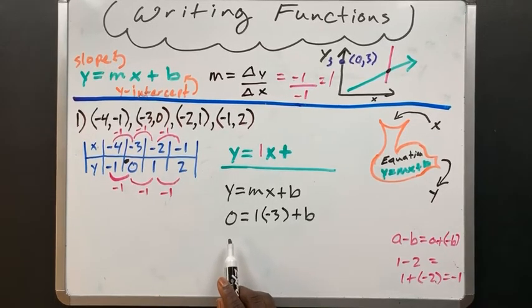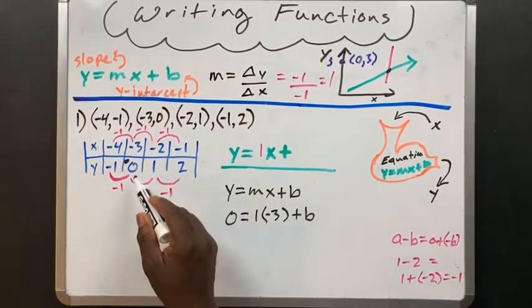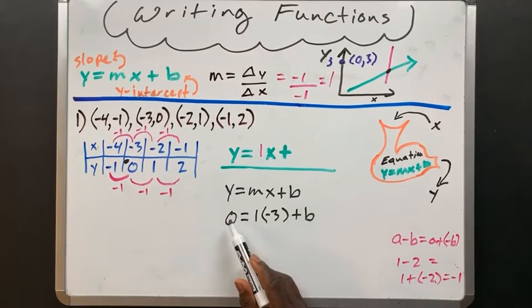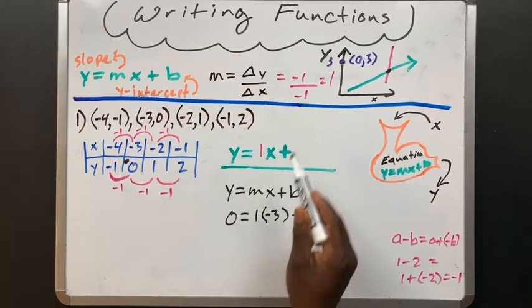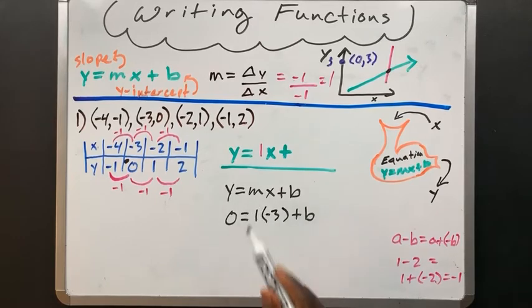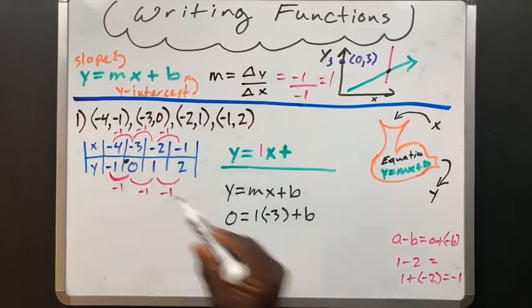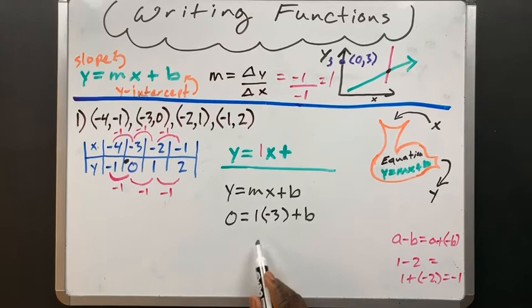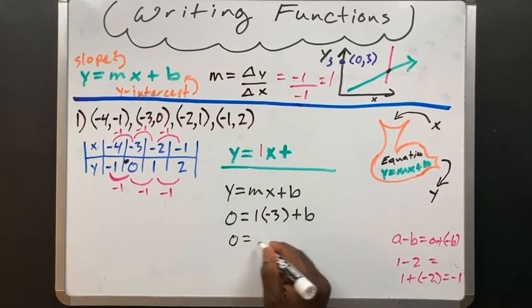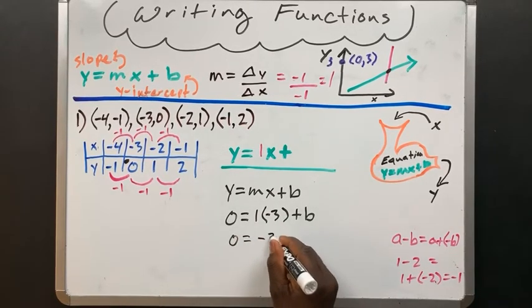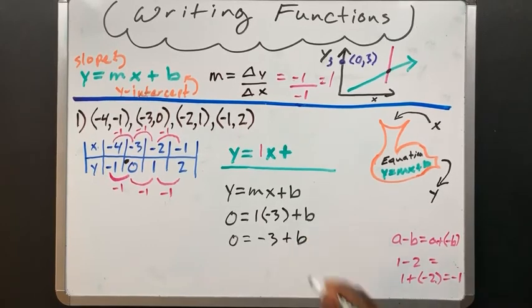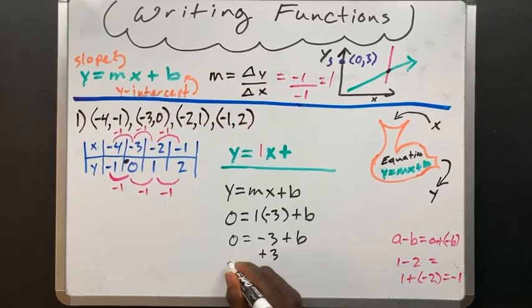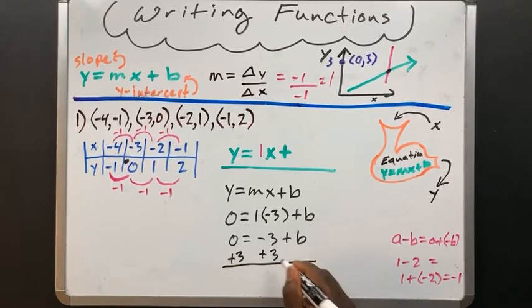So what did I do? I selected a point and substituted the y value here for y in this equation. The slope is 1, so I substituted 1 for m. And then the x coordinate is -3, so I put -3. So 0 equals 1 times -3 is -3 plus b, right? Solve for b. Add 3 to both sides. Cross that out. We get 3 equals b.